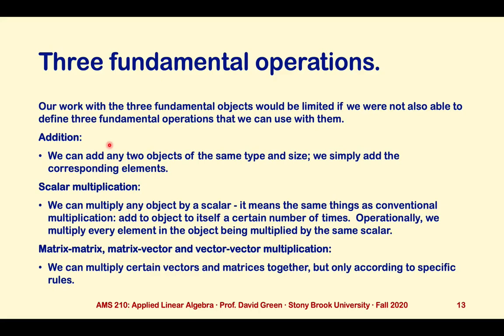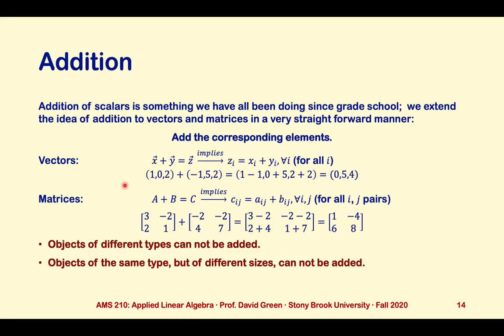Matrix, vector, vector multiplication is a little bit more tricky. We can define multiplication of vectors with vectors, matrices with matrices, but only according to specific rules that we will outline in a subsequent video. We're going to focus for the time being on addition and scalar multiplication.